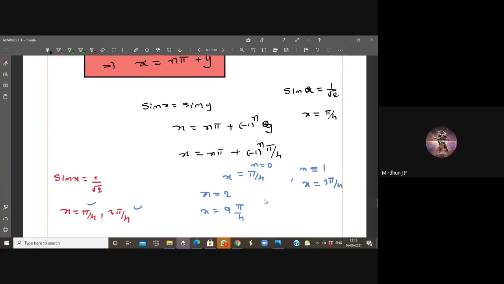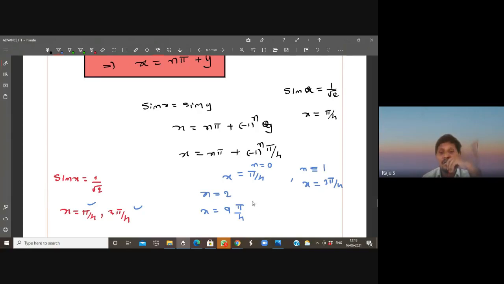That is 405. Substituting n is equal to 2: 2 into pi, that is 360, plus minus 1 whole square, that is plus 45, nothing but 405. Which quadrant? First quadrant, 45 degree, that is again equal to pi by 4. So 9 pi by 4.